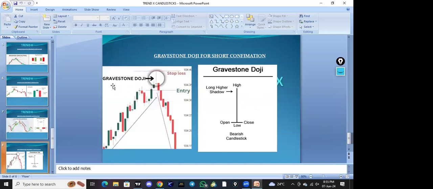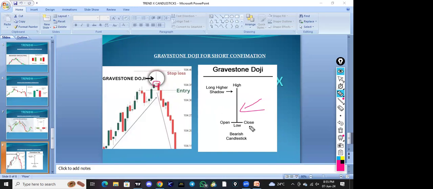And this is gravestone doji. You can see we'll see a big wick like this, how they showed here. Same thing, sometimes we see a wick. I selected this picture because here it is without wick and here is with wick. You can see that properly.